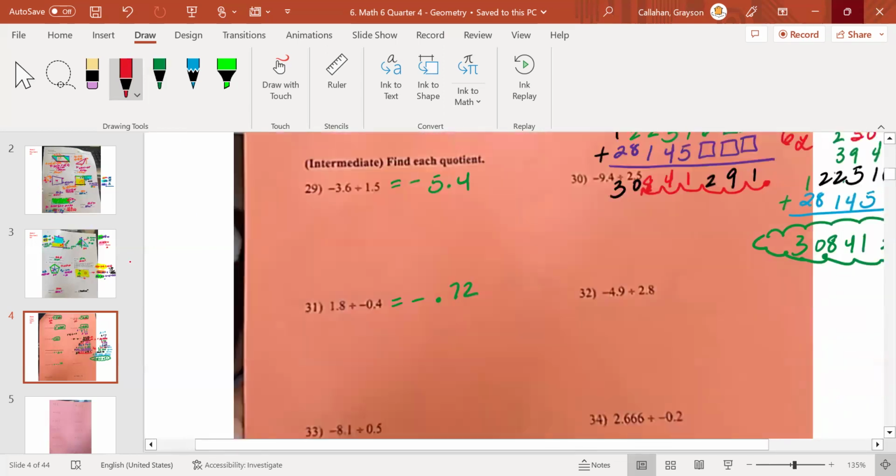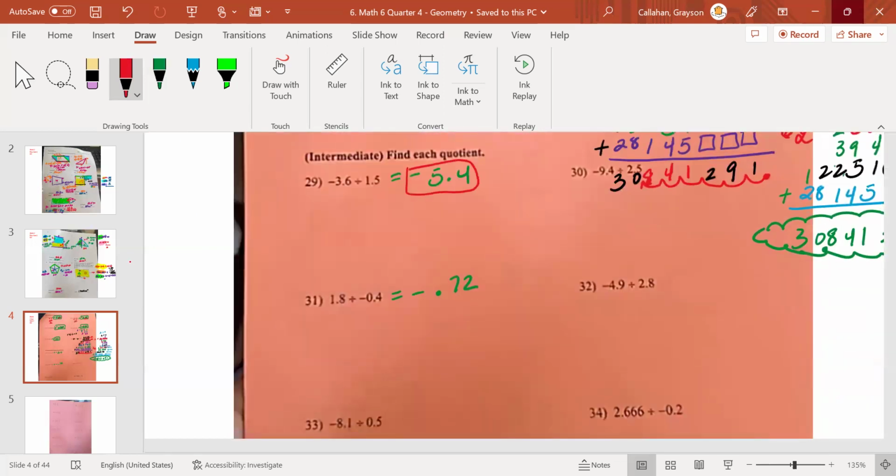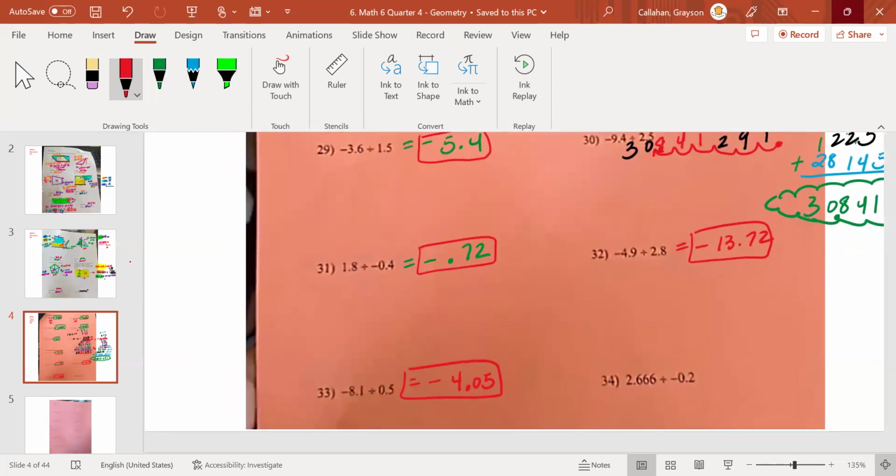Okay, so any questions on number 29, 31, 34 or 32? 33 and 34. Any questions on those four?